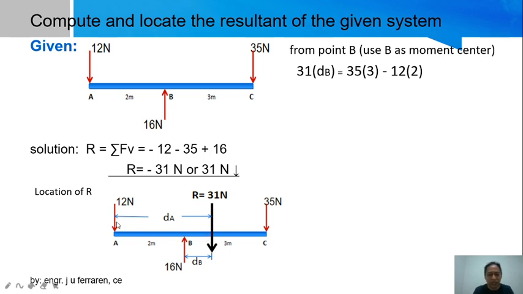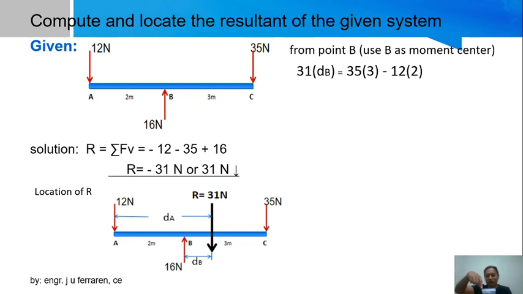Now, for the components of your force, we have 12, 35, and 16. However, your 16 is located exactly at B, thus this force will not produce a moment, or its moment is equal to 0. Going back to B as the moment center, my 35 is located here.